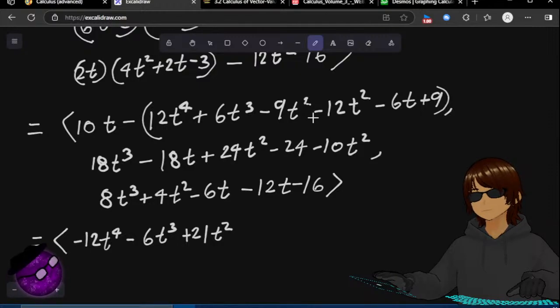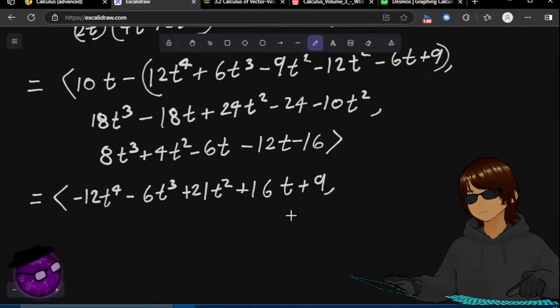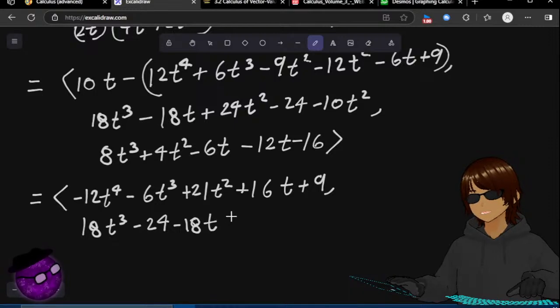And then for degree of 1, minus and minus comes plus, so plus 16t plus 9. 18t cubed minus 24 minus 18t plus 14t square.